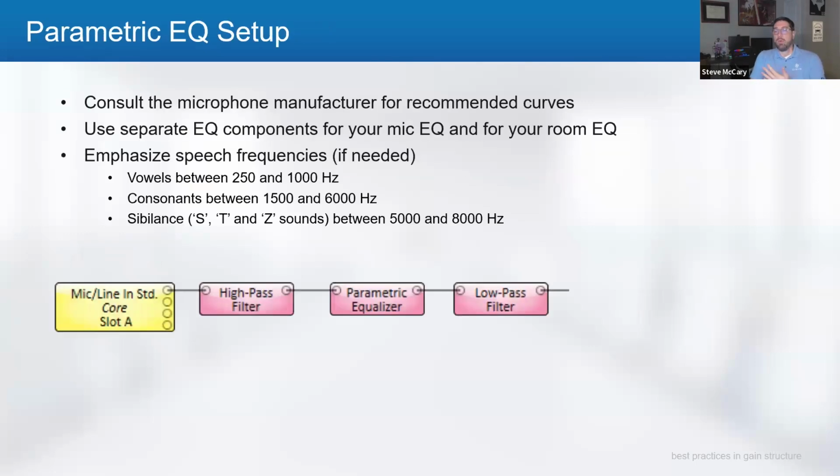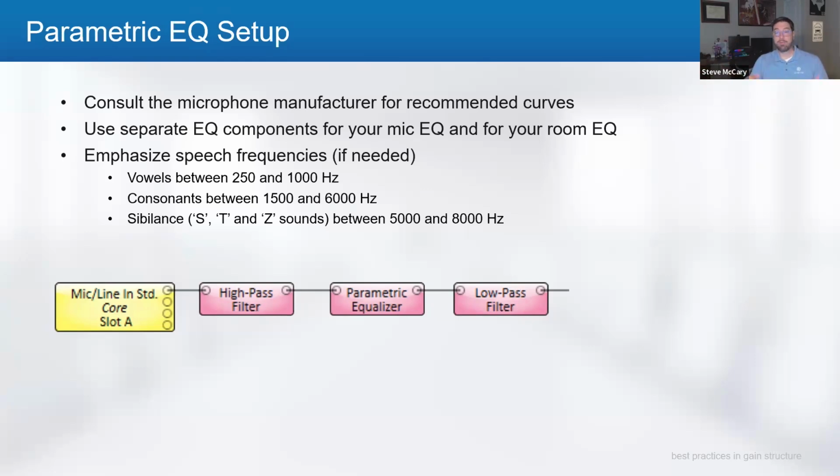So when you buy a microphone, generally that microphone manufacturer will provide you with a response plot, and that will tell you how the microphone responds across the frequency spectrum. You can use this to then adjust your parametric up or down based on how the microphone performs.